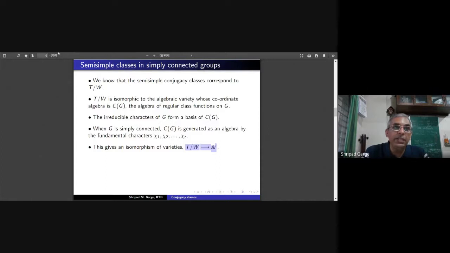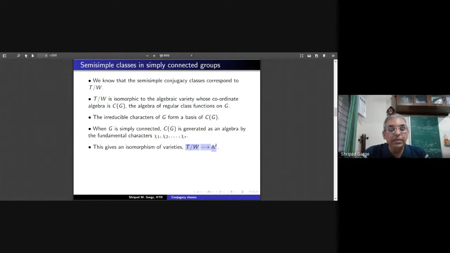So when we apply this to our example of G being SLN, we see that T by W is isomorphic to A^(n-1). Now this is an affine space. The sigma fixed points on this will be the affine space over F_q^R, and it is easy to compute that the cardinality of this is q^R.